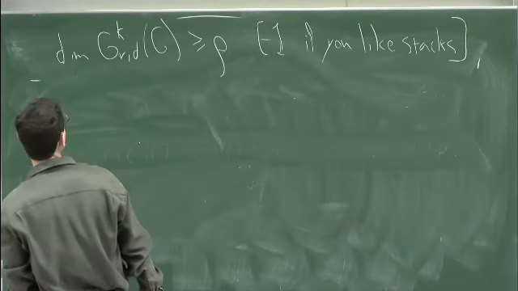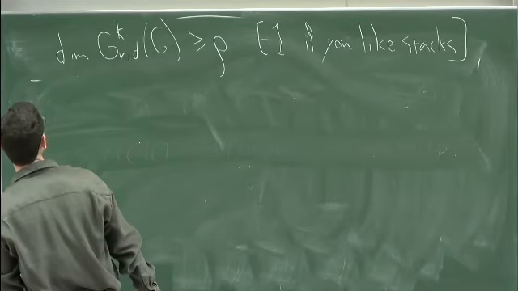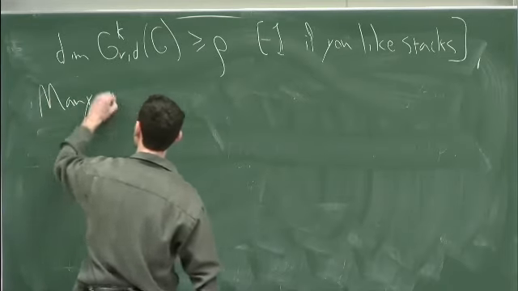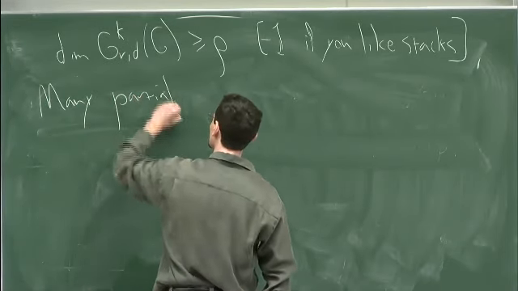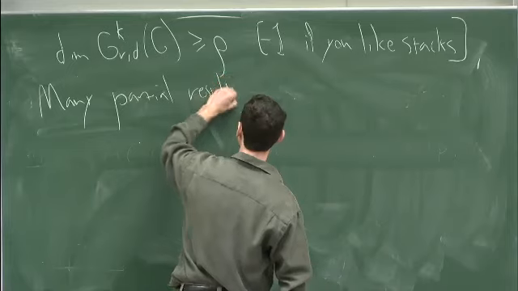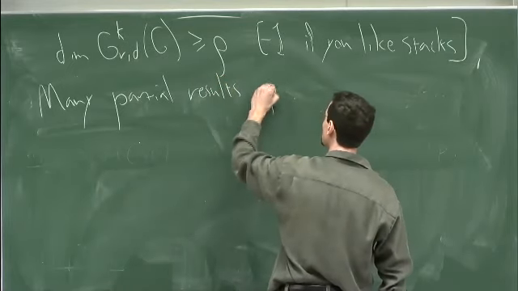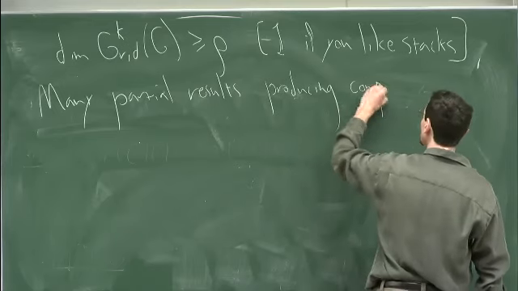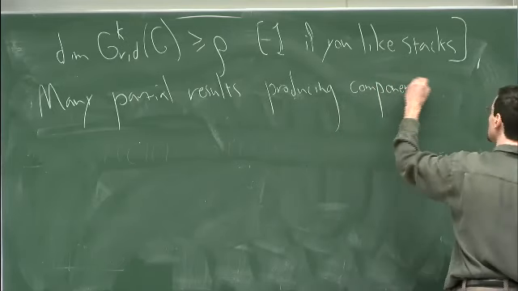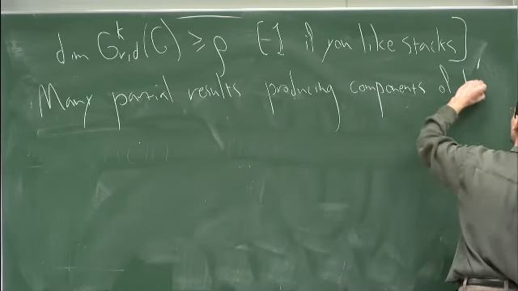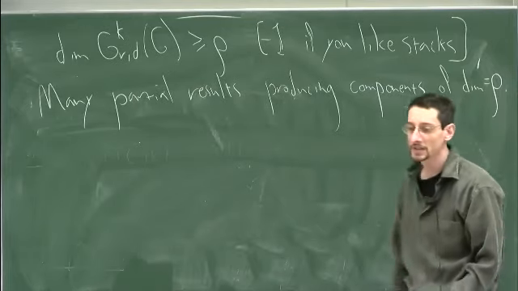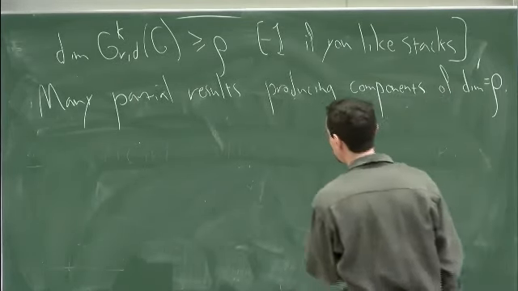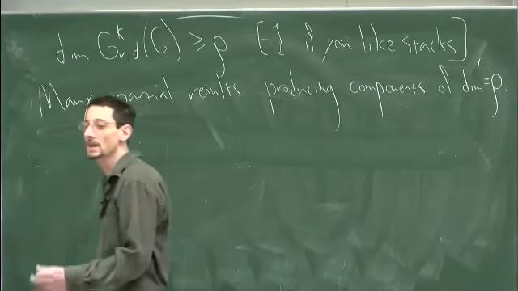And I should say there are many partial results producing components of dimension rho. So it's not somehow that this rho is just the wrong number, that we've somehow blown it. It certainly is the right number in some sense.